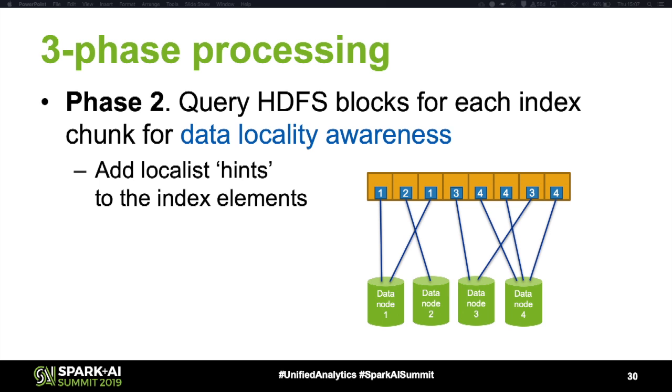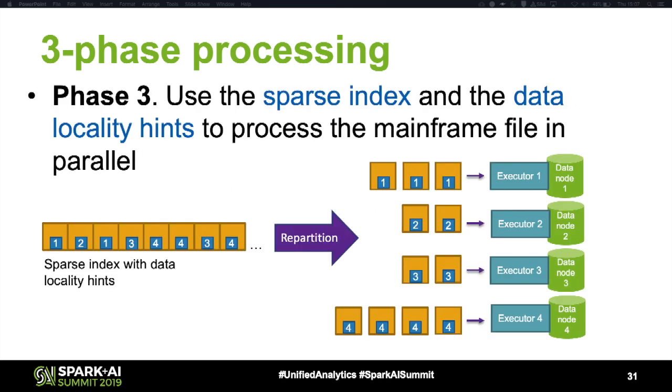It's used for data locality awareness. And in the next step, we use the sparse index to repartition the job according to the size of the file and provide data locality hints to Spark, so it processes chunks of the data as fast as possible.